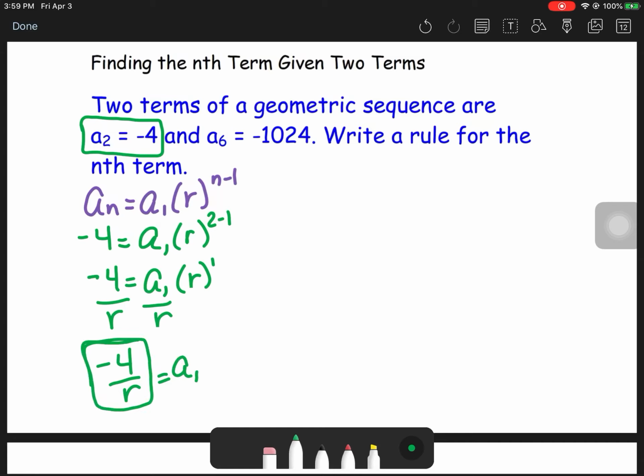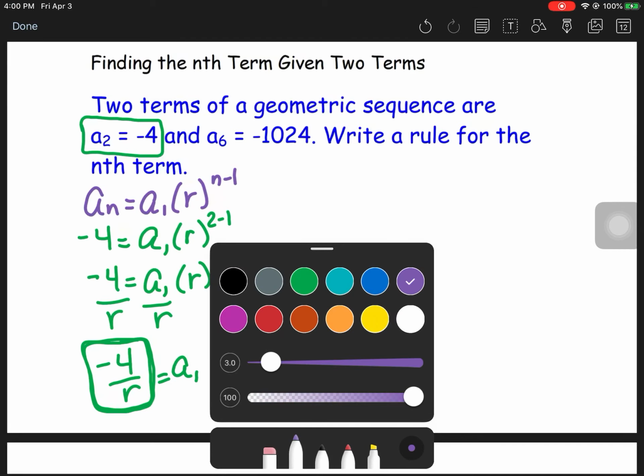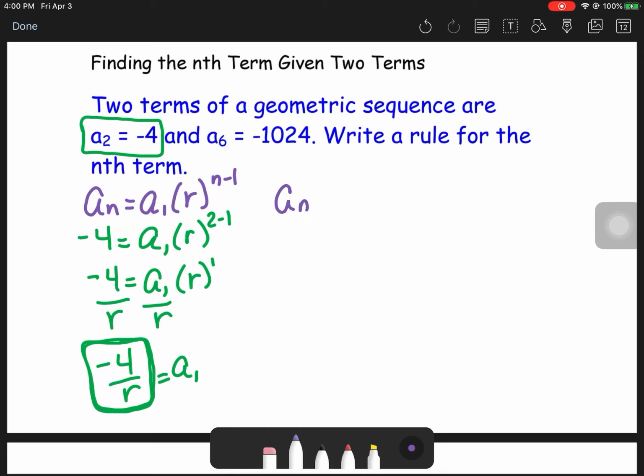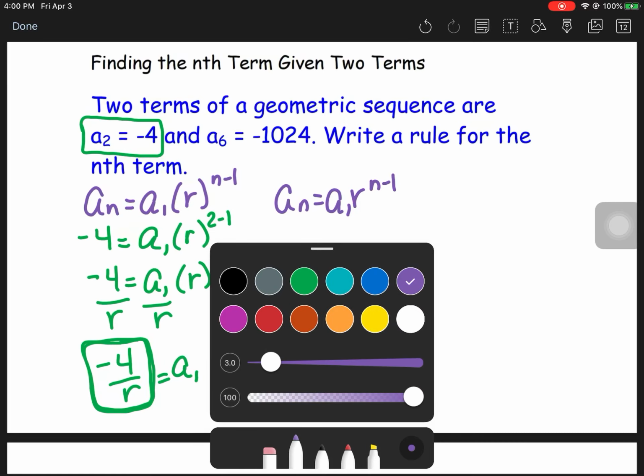Okay, so this should look very similar to what we did before. Now we're going to do the exact same thing with the formula, but use the second set of numbers. Okay, so we're going to use this set.